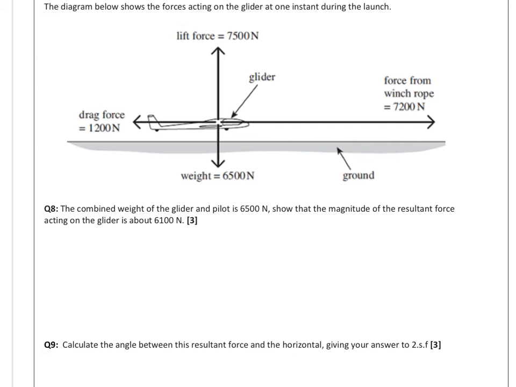The first thing we do is cancel out parallel forces. Let's call this the x direction, this is the y. The resultant force in the x direction is going to be 7200 minus 1200, because this force is acting to the right, this force is acting to the left, so they cancel each other out, ends up, bam, 6,000 newtons.